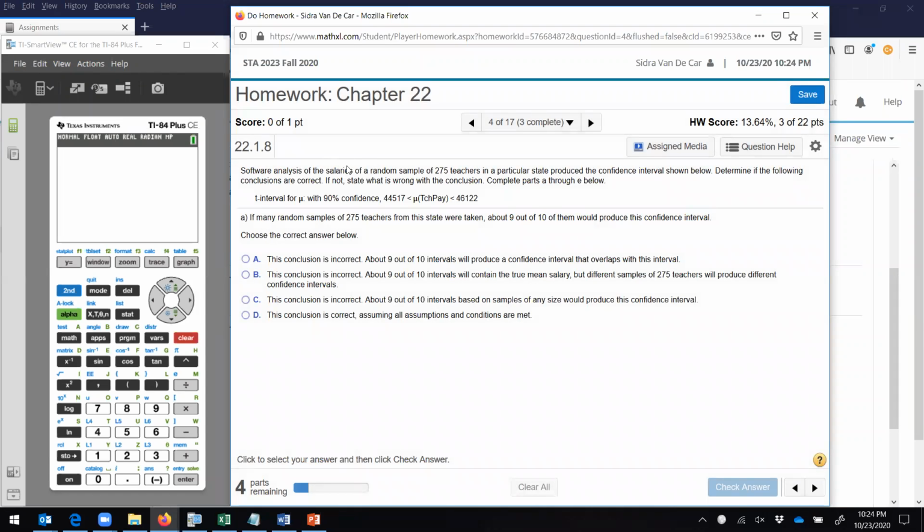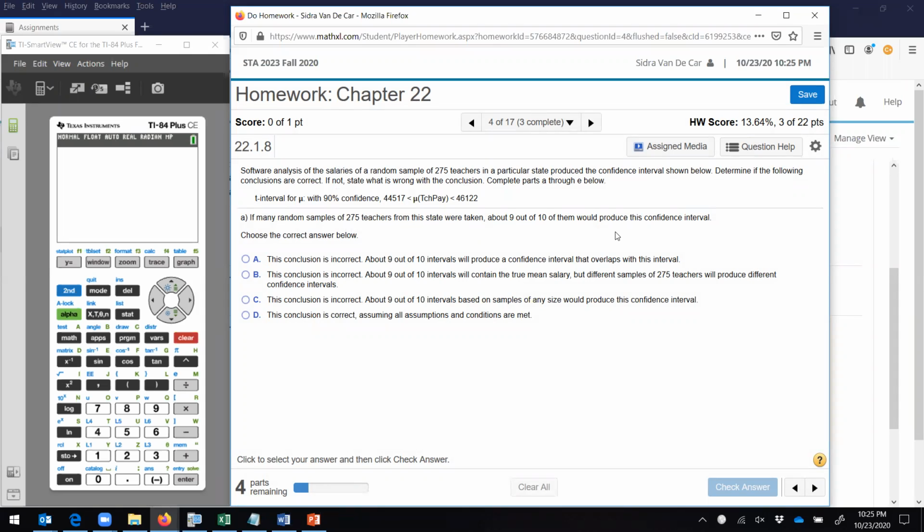Okay. Software analysis of the salaries of a random sample of 275 teachers in a particular state produce the confidence interval shown below. Determine if the following conclusions are correct. If not, state what's wrong. If many random samples of 275 teachers from this state were taken, about 9 out of 10 of them would produce this confidence interval.